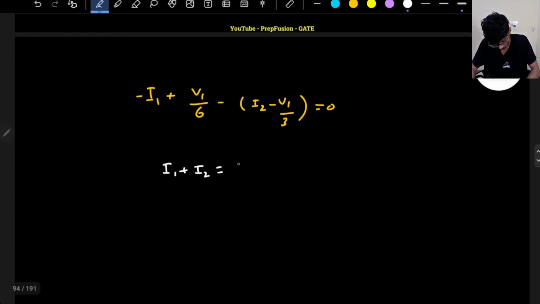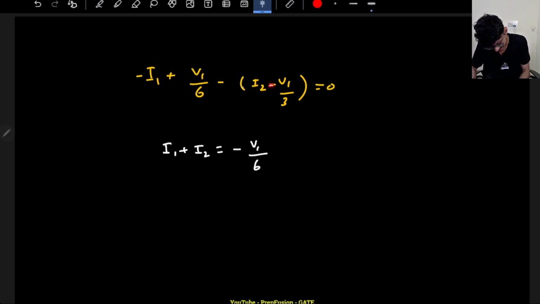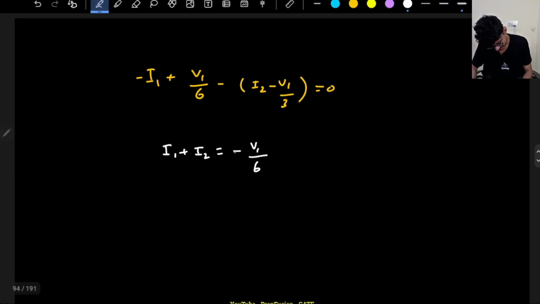So I1 plus I2 is equal to minus V1. Actually, this is negative and this is negative, so they will be added basically. I'm really sorry, so this will be plus V1 by 2.